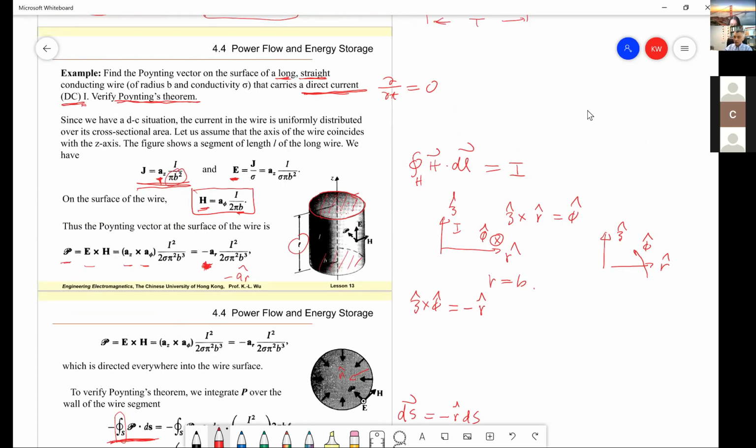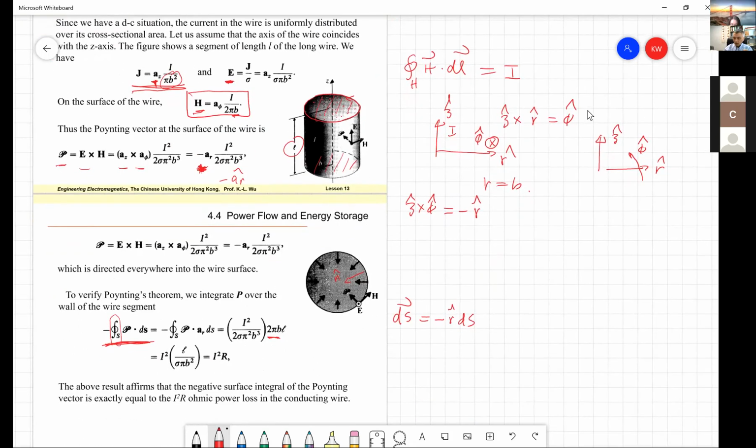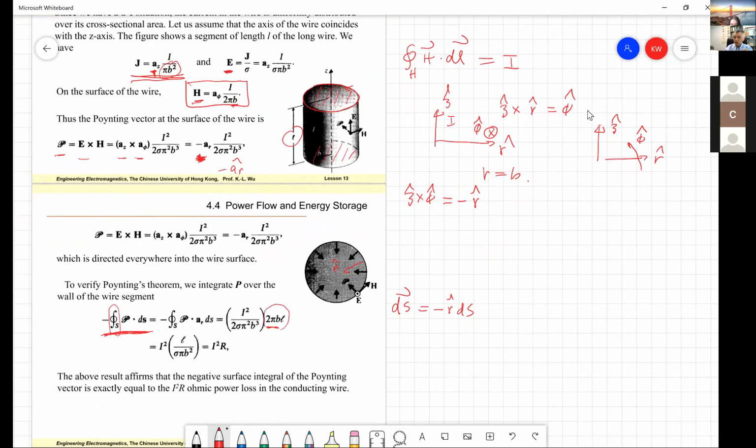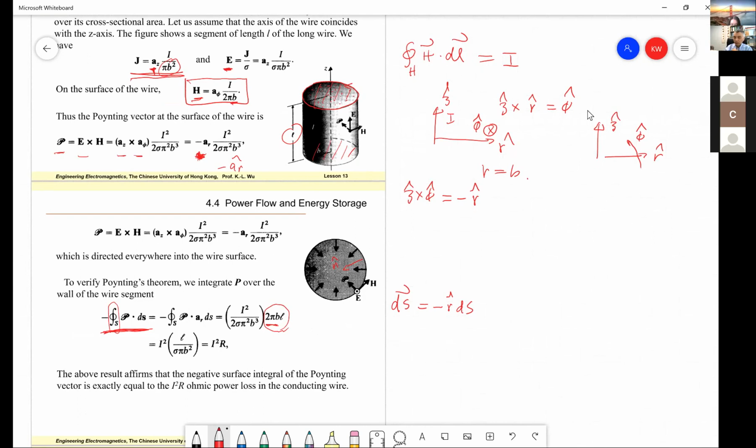So this is the total surface multiplied by this power density. Then very easily we can find what this is. This is just the resistance of this cylinder.